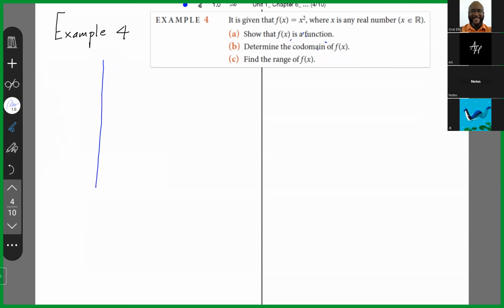Now, a sketch of the graph of f of x is equal to x squared would look something like this. So I draw my vertical axis, the y-axis. The graph of y is equal to x squared is a parabola that cuts the y-axis at the origin.